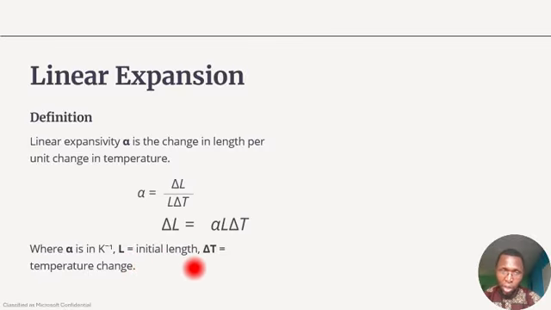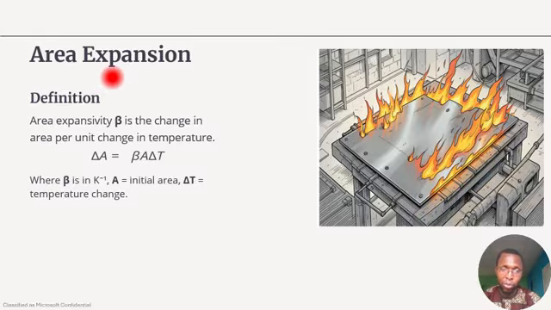So aside from linear expansivity, we have the area expansivity too. We use the beta symbol to represent area expansivity, as you can see here. Its definition is the change in area per unit change in temperature. The linear one is change in length per unit length per temperature, but for area expansivity, it is change in area per unit change in temperature.